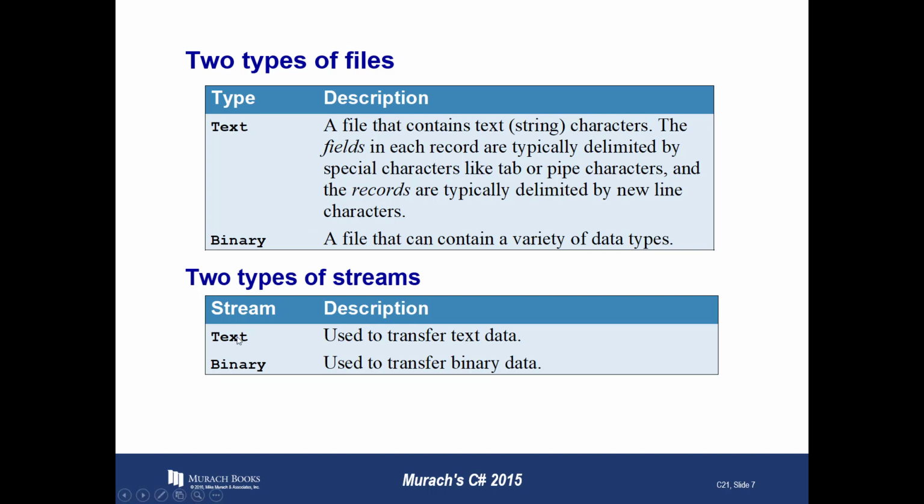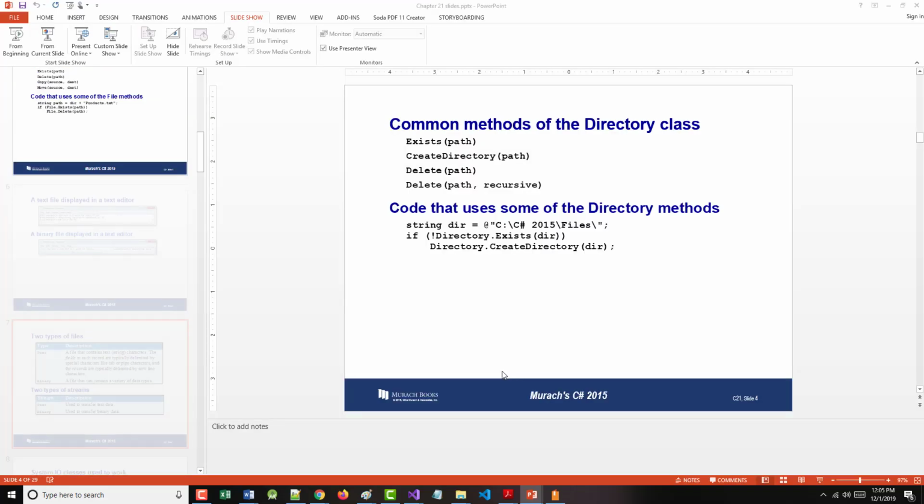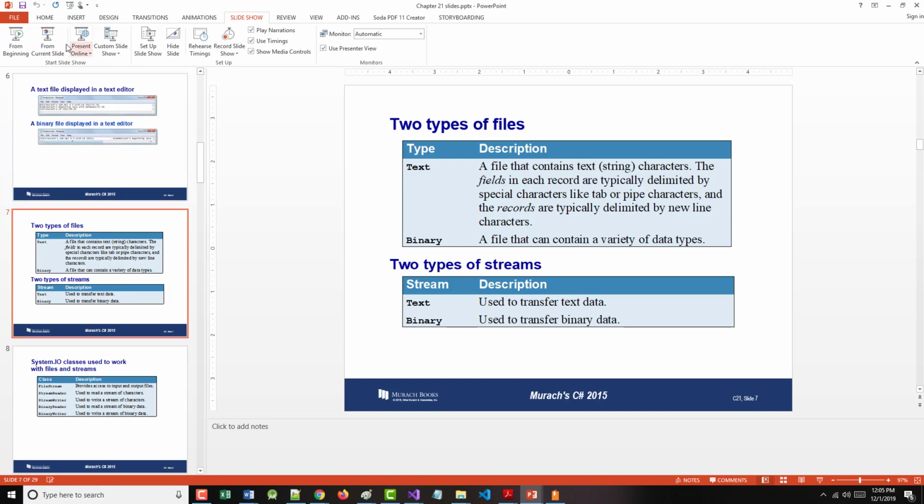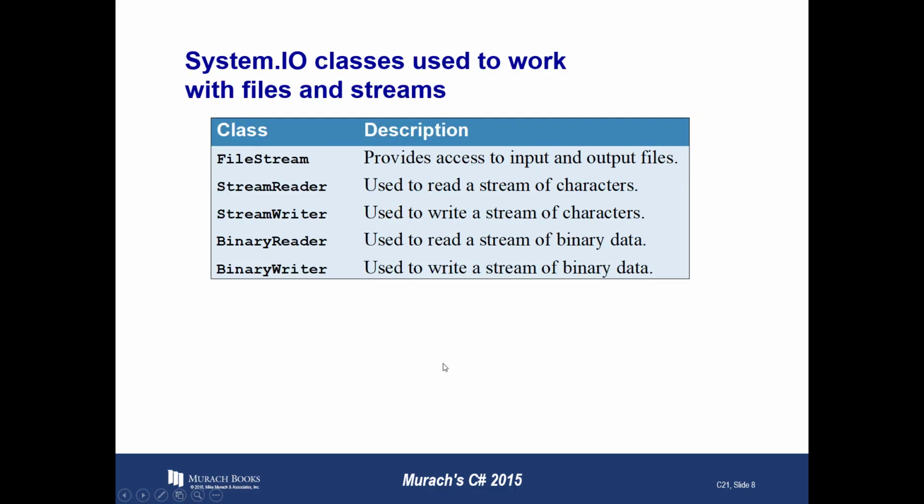A couple types of streams here. Text streams for transferring text data, binary streams for transferring binary data. Here are the classes that are used to work with these. You'll see this if you work with files enough.